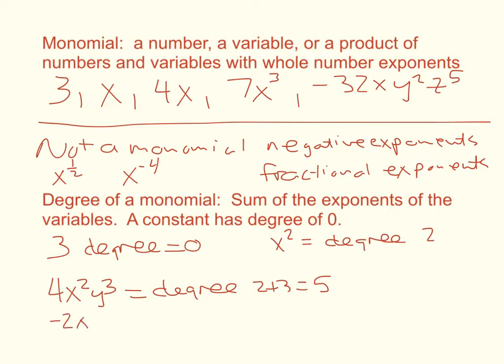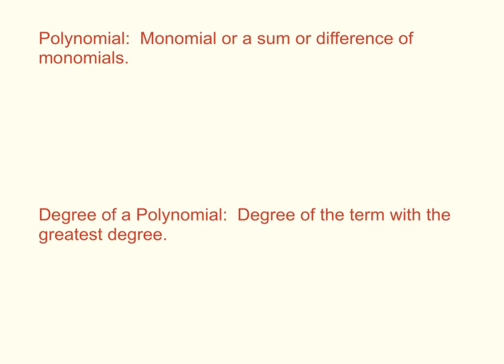Negative 2x squared y cubed z to the 4th has degree 2 plus 3 plus 4, which is 9. So the degree of that monomial is 9. Okay. A polynomial is a monomial or a sum or difference of monomials.